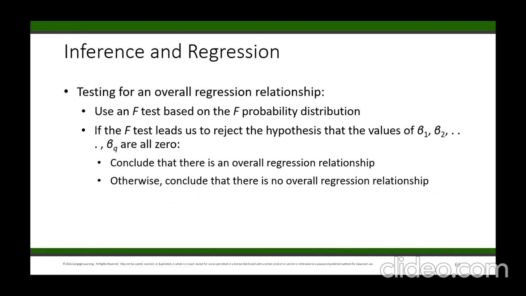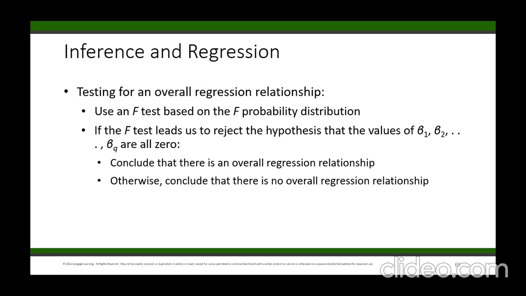Moving on, I said there are 3 results that we get from a statistical inference of regression. The first one was the hypothesis testing of individual parameters. The second one was the confidence interval for each individual parameter. And then the third one is testing for the overall regression relationship.